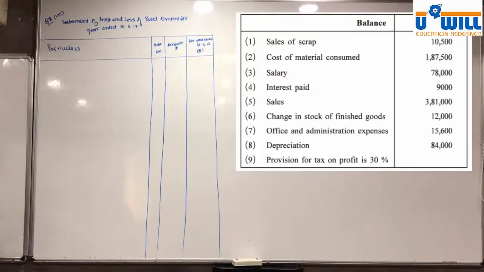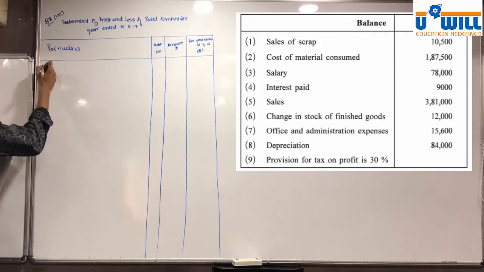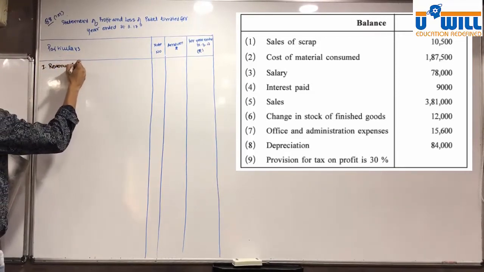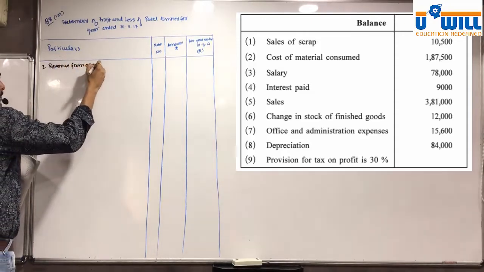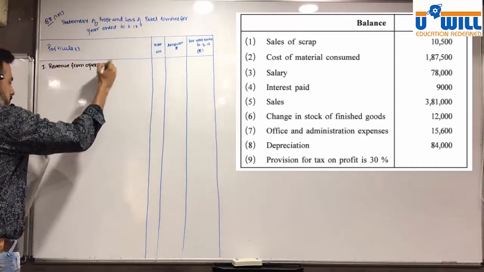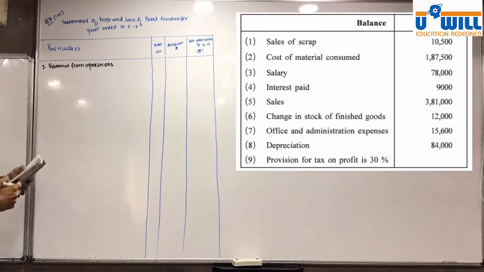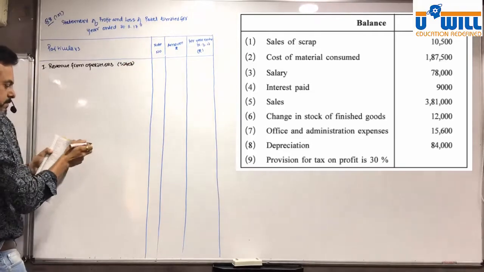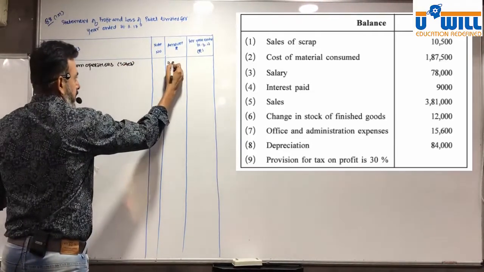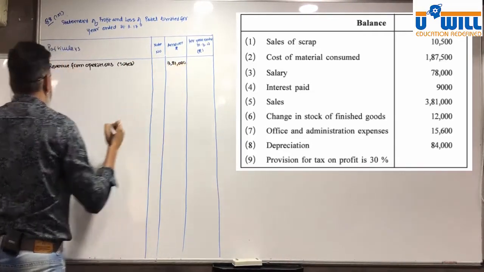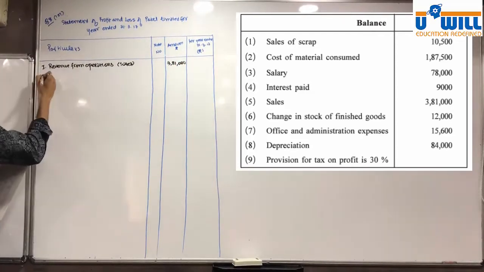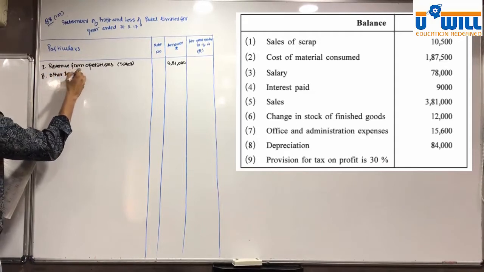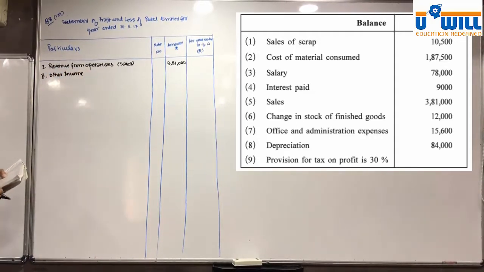Yes. We start with first, revenue from operations. That is sales. Inner column 3,81,000. Second, other income. Now, is there any other income over here?